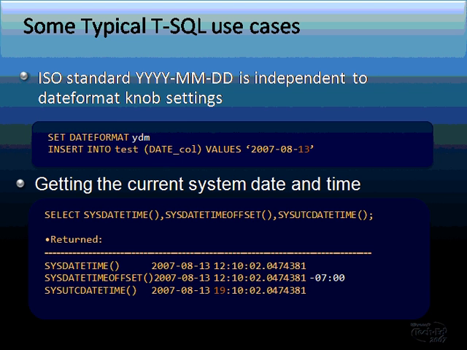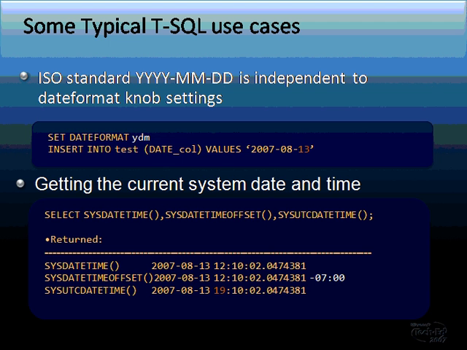What that means, as you can see from the example, is that if you have the date format set to YDM, however, if you give a value in this standard format, it's not going to be affected by the settings. This is aligned with the standard. It shouldn't be affected by the language setting or the date format setting.